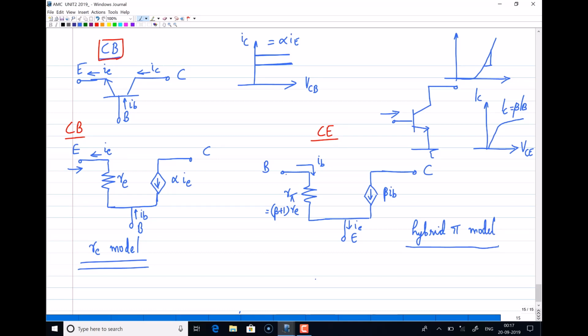In this Hybrid pi model, we include the input resistance looking into the base, that is R pi. Actually we can represent this in another way too, so I'll show you here.